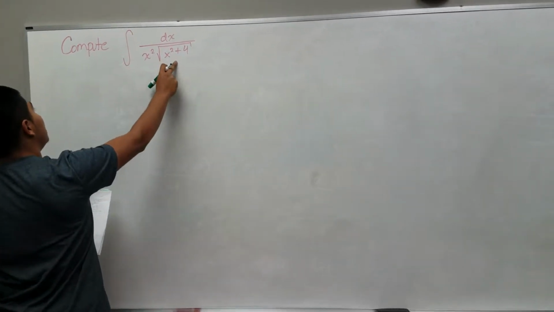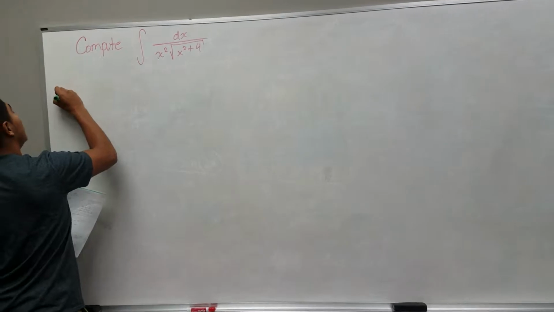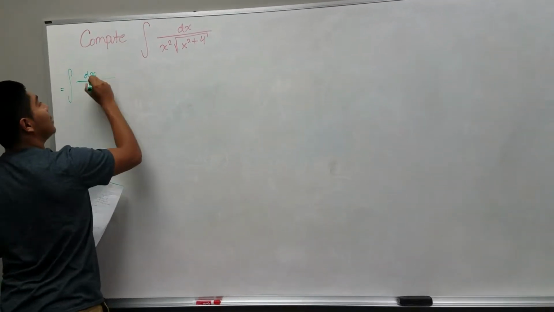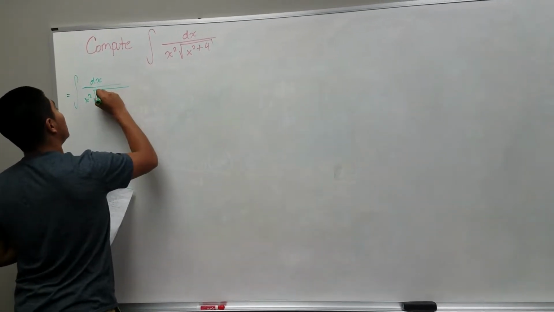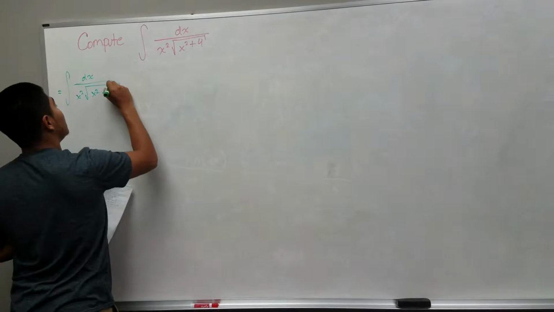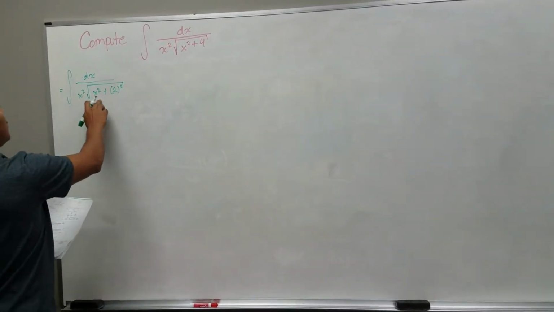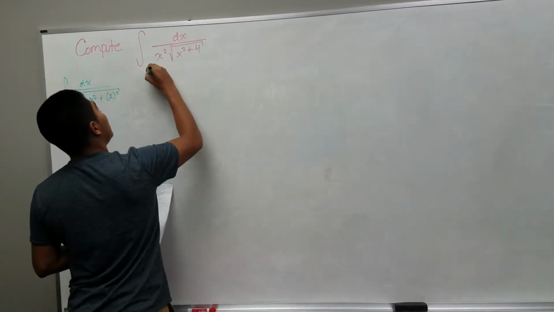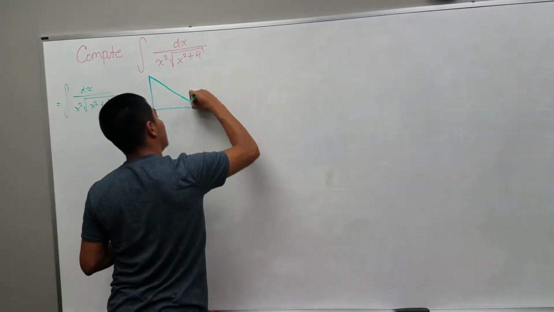So we can simplify this a little bit and claim that this is also equal to the integral of 1 over x squared times the square root of x squared plus 2 squared dx. The only reason I did that is because we can replace this with a relationship that triangles have, a right triangle like this.